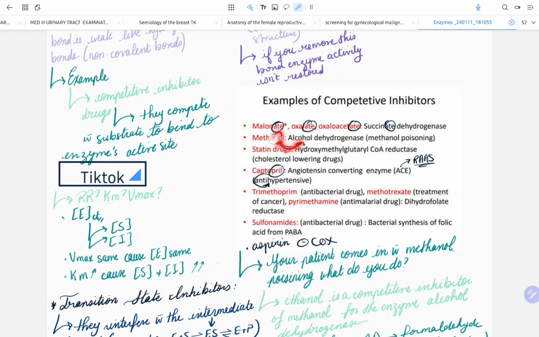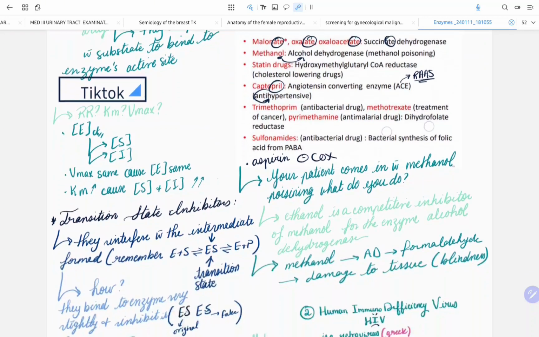Methanol is related to alcohol. Everything that ends with pril is an antihypertensive drug, and so on and so forth. But if your professor didn't emphasize these, I wouldn't actually memorize all of them. I would memorize maybe 2, 3, or 4 of them, and that's it.